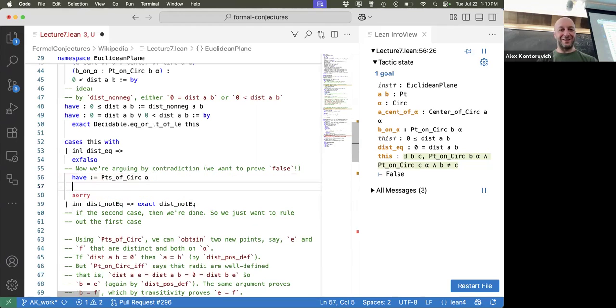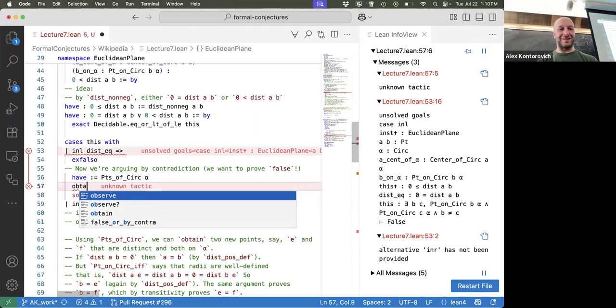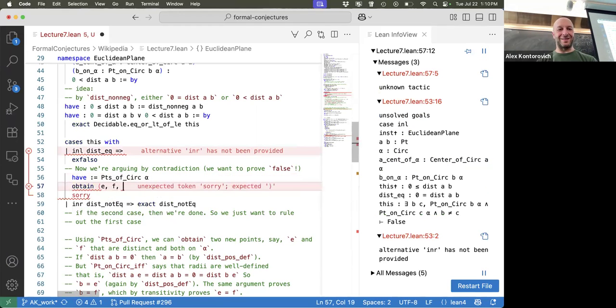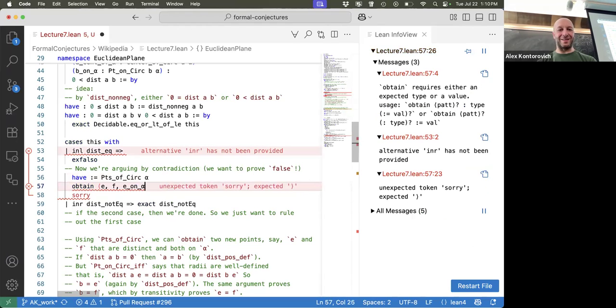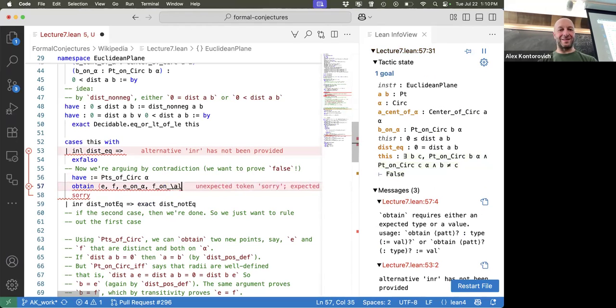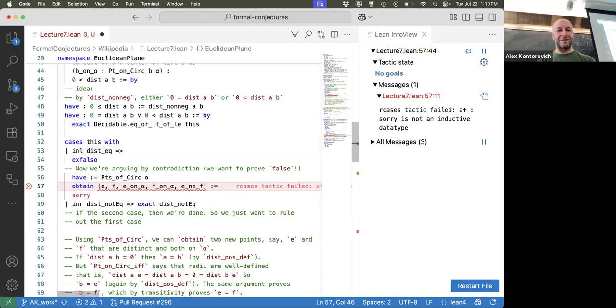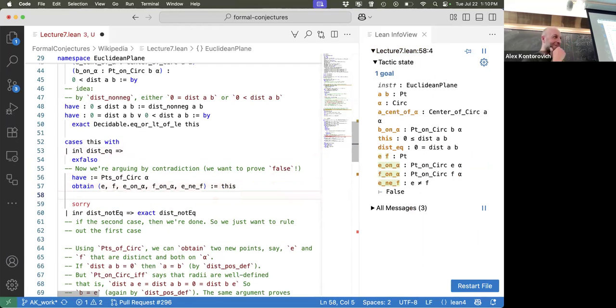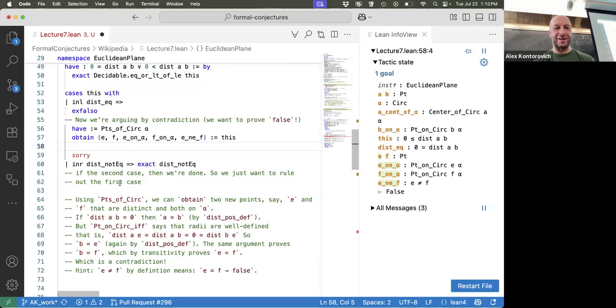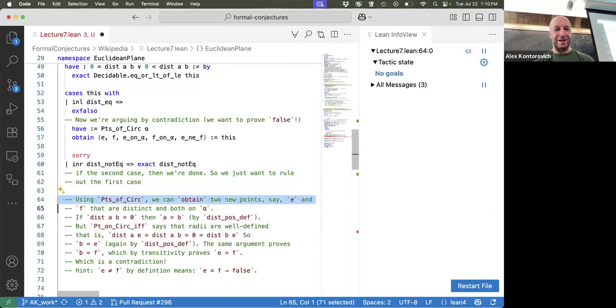You obtain E on alpha. Love it. On alpha, E is not equal to F. And we obtain that from this. Everybody see that? You guys are really getting the hang of this. Okay, so let me record this.